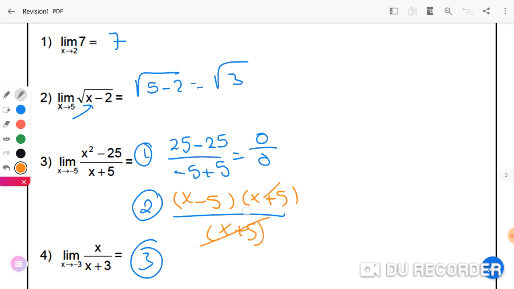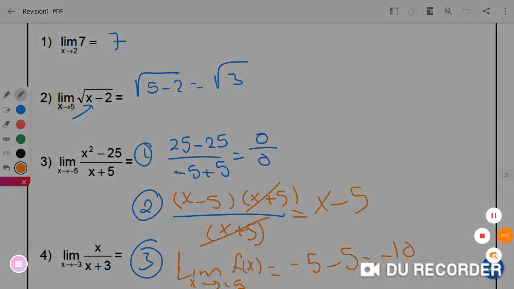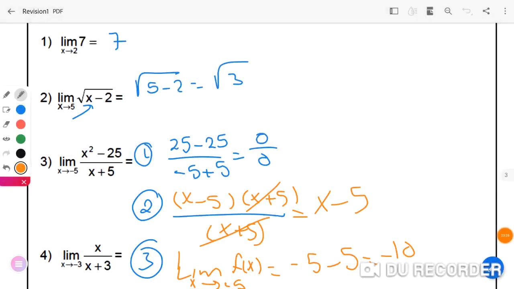Cancel this common factor, it will be x minus 5. The limit of the given function f of x when x approaches negative 5, we replace in the negative 5 minus 5, it will be negative 10. Okay, I hope you understand.